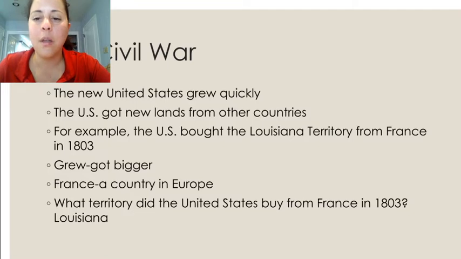So in 1803, the United States bought the Louisiana Territory from France. And what does grew mean? Grew. Got bigger. Again, grew is past tense. Remember, you have past and present. So the past tense is grew.